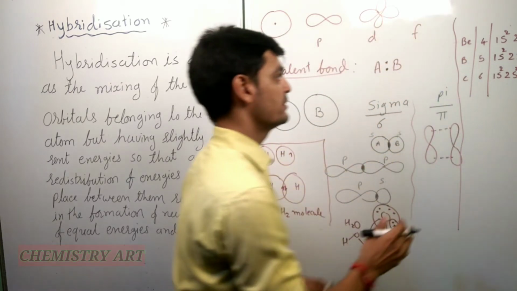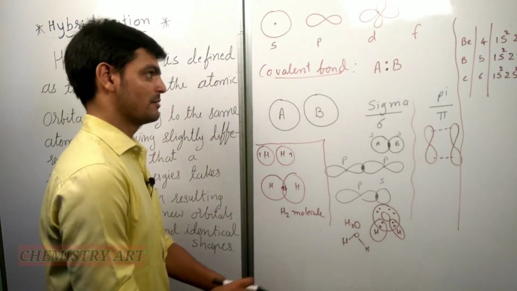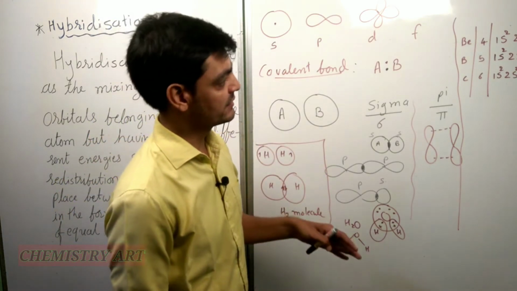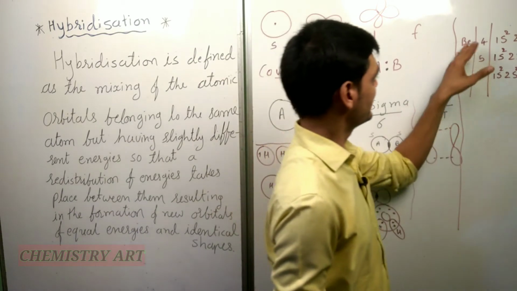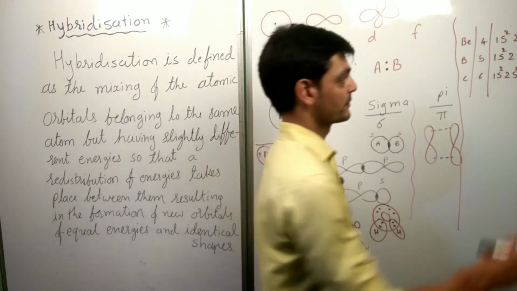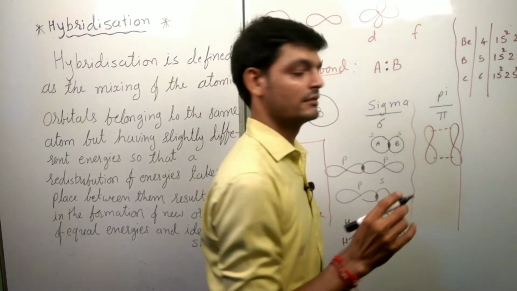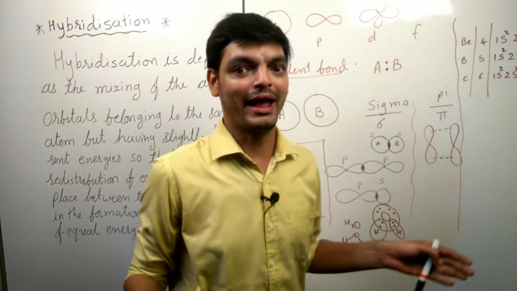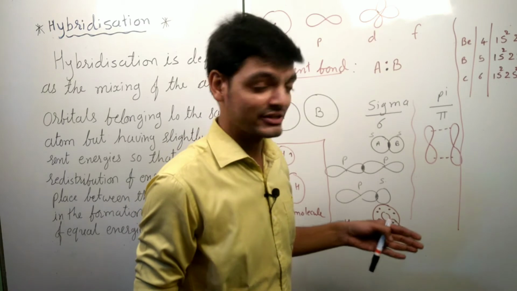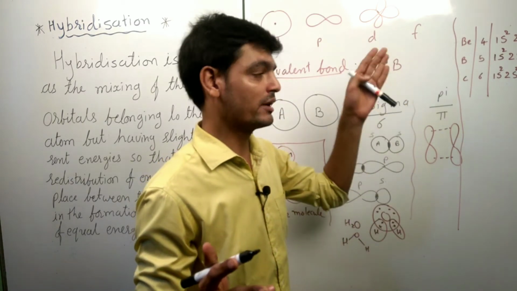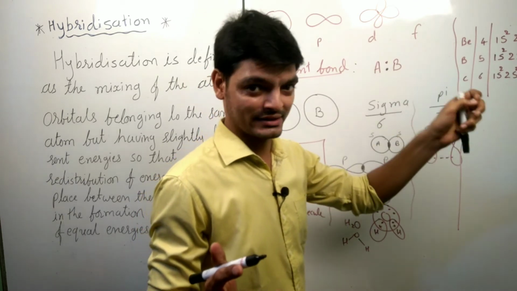So if we discuss the formation of covalent bonds, we can consider that in beryllium there is no valency in the s orbital, because the s orbital's capacity is 2 electrons and 2 electrons are already filled, so 0 valence.